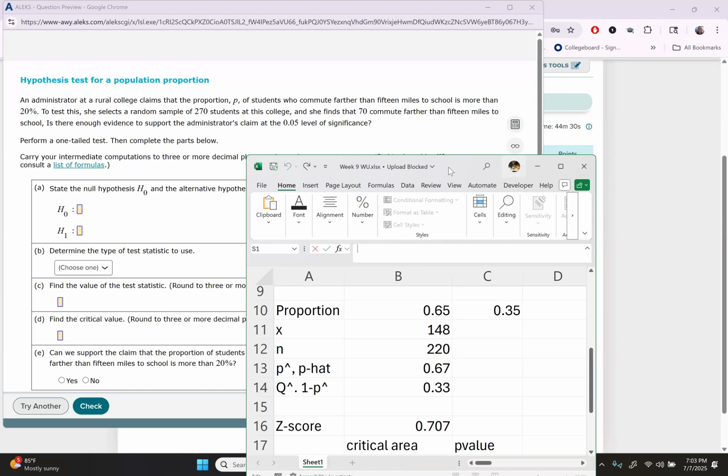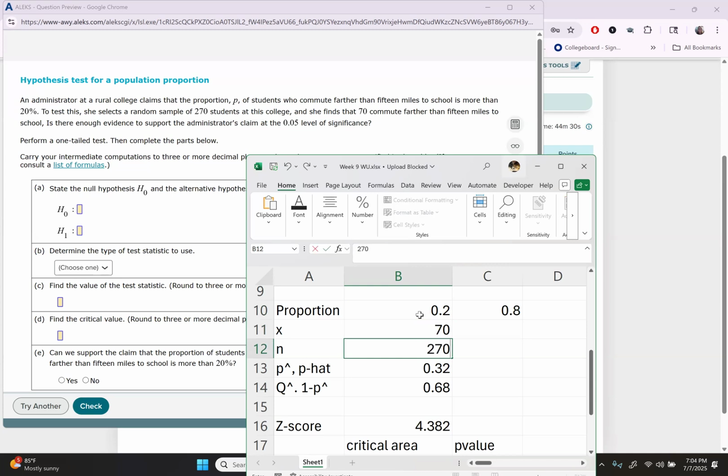So what you're going to do is, the proportion they're looking at, P, this value that I'm circling with my highlighter here, is going to be the 20%. So here you're going to put 0.20. The next number, X, is going to be 70 out of the N value, which is 270.